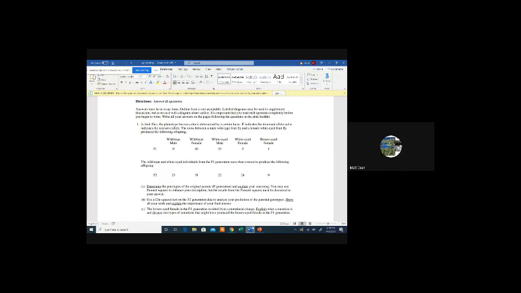So in fruit flies, the phenotype for eye color is determined by a certain locus. That word, locus, really just means a location on a chromosome. Essentially, it's talking about a certain gene, a specific location on a chromosome. Big E indicates the dominant allele, and little e indicates the recessive allele. The cross is between a male wild-type fruit fly.